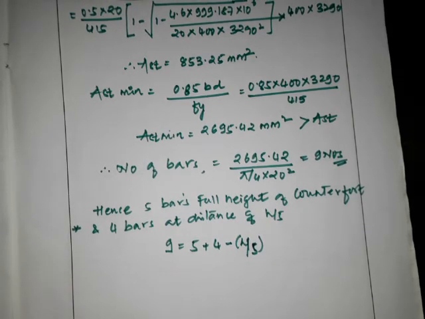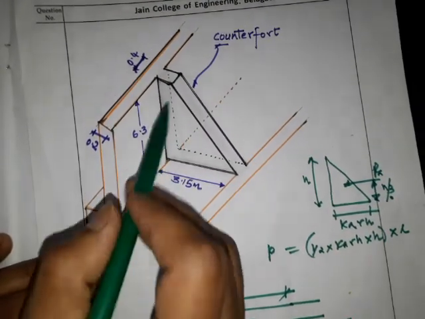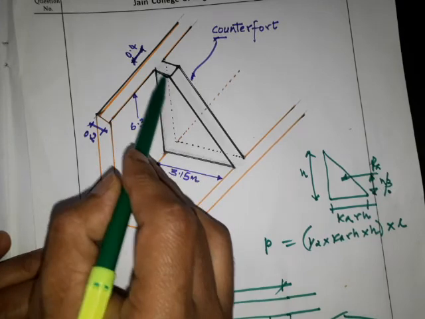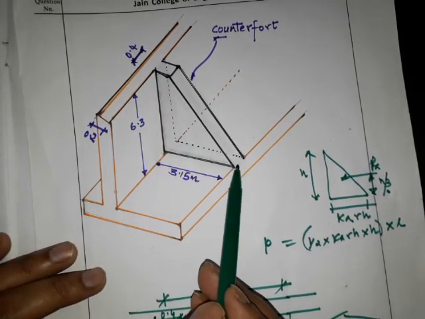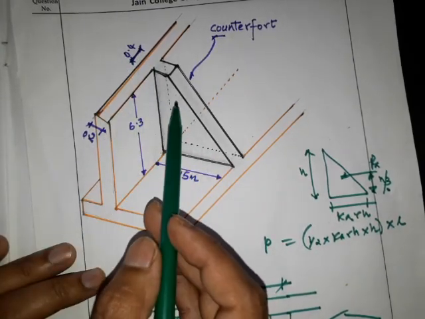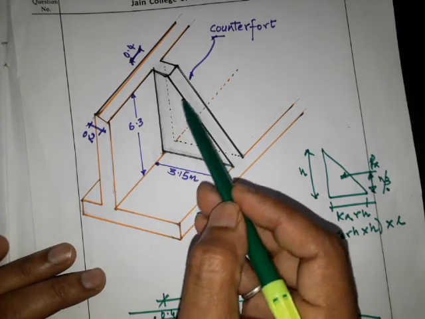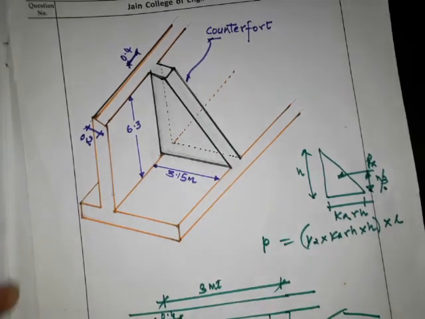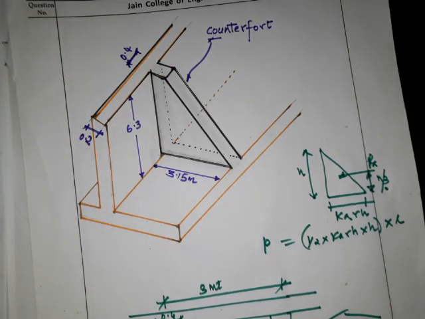So the bars will be provided like this, correct? 5 bars throughout the height, like this, and the remaining 4 bars at a height of h by 5. It will come somewhere here, so we provide only up to this. So we can avoid erecting the 4 bars throughout the height, for the economy.